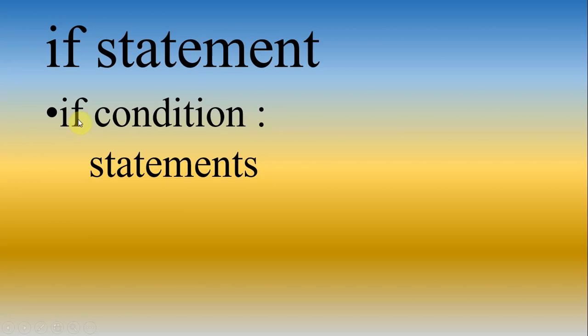So if, then space, condition, then a colon, and then with either a tab or four spaces. That is, you could either use four spaces or the tab button on your keyboard and then write statements, whatever is to be executed inside the if condition.